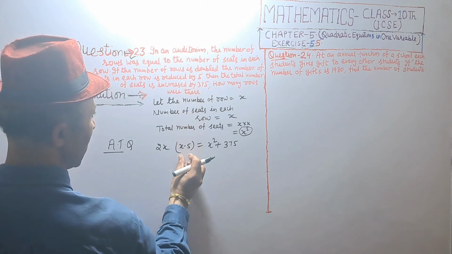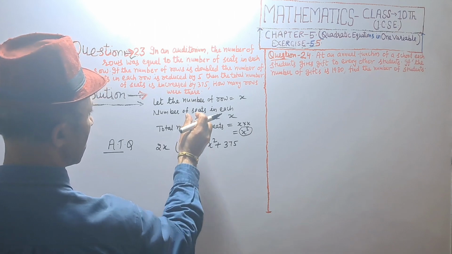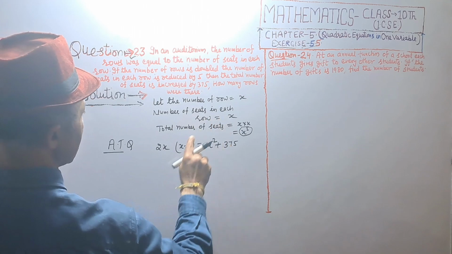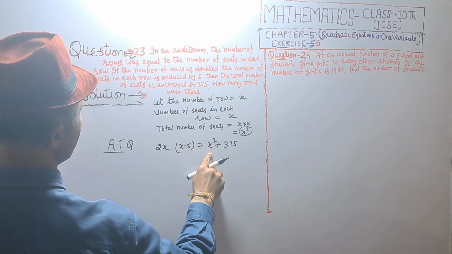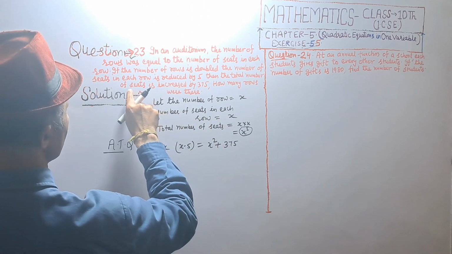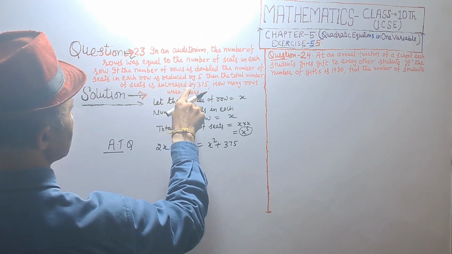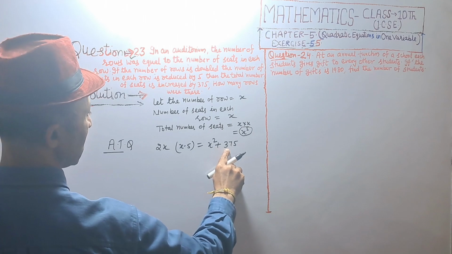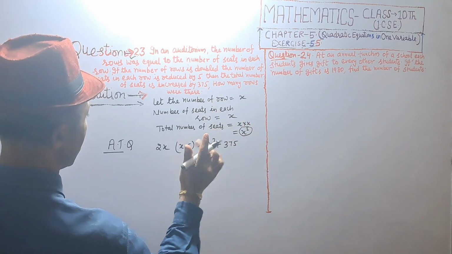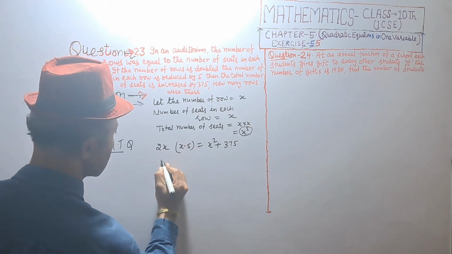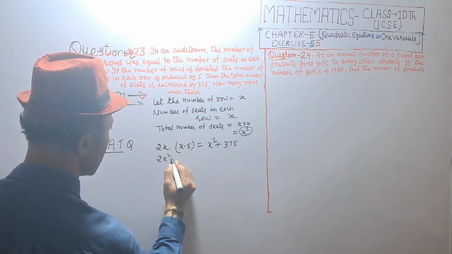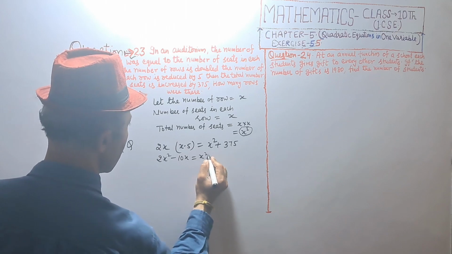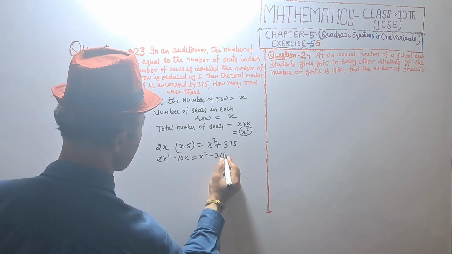The total number of seats, x square, is increased by plus 375. 2x into x-5, that is 2x square minus 10x, is equal to x square plus 375.